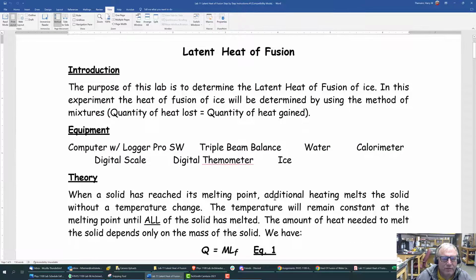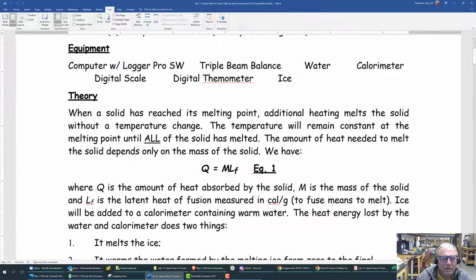So we've seen the heat, and we've talked about when we changed the temperature of the water and had the metal in there, and we measured a specific heat. Now, in this case, we want to measure the heat of fusion of ice, which is also the heat of melting, heat of freezing.